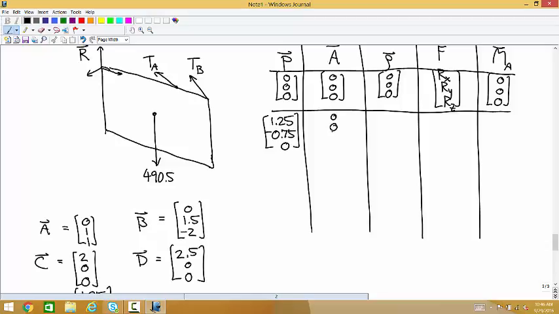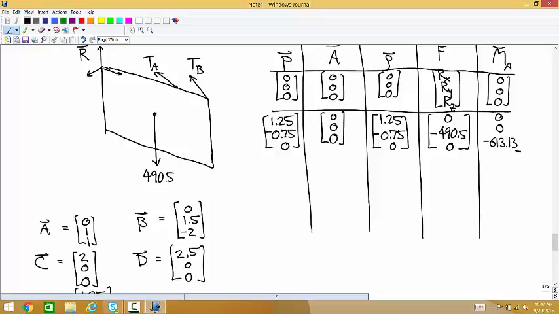The about point is the origin. So the rho vector is 1.25, negative 0.75, 0. The force vector is 0, negative 490.5, 0. And the cross product is negative 613.13 in the z direction.